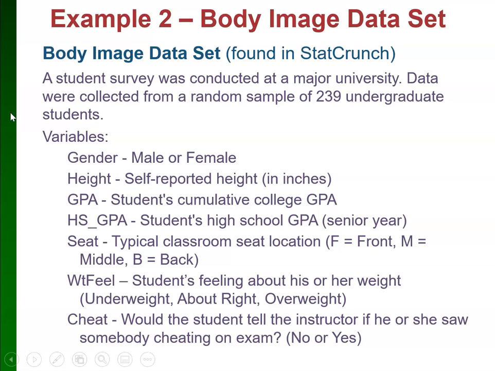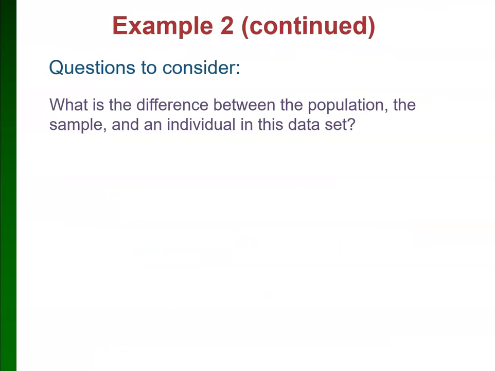So we have gender, height, GPA, high school GPA, seat, weight, feel, and cheat. Looking at these descriptions of the variables, you can get an idea of what type of data was being collected in this survey. Let's think about some questions to consider.